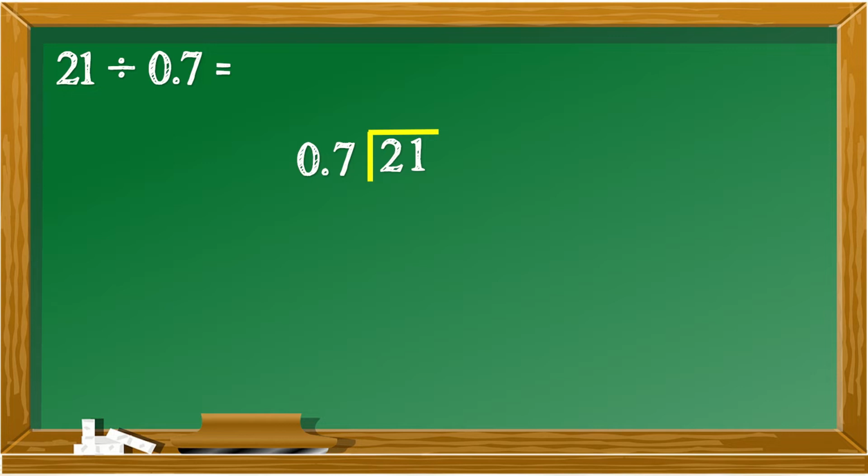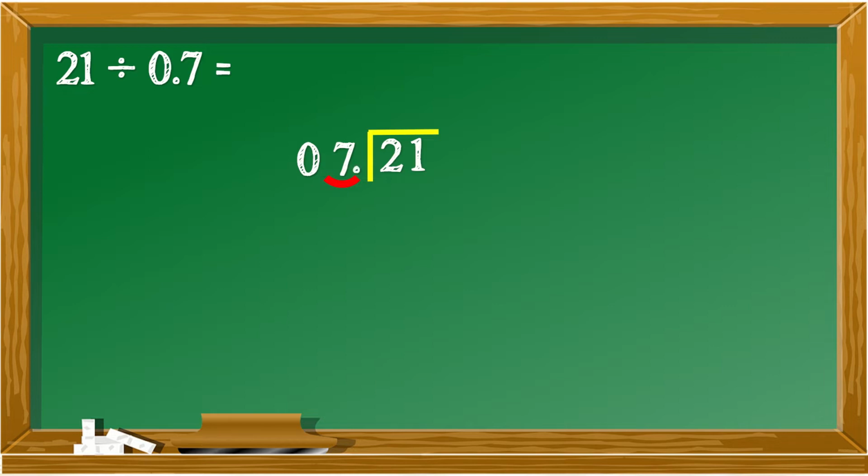We need to make that a whole number by simply moving the decimal point up to the end. So in this one, we need to move the decimal point just once, just like this. Just move it up to the end of number 7.